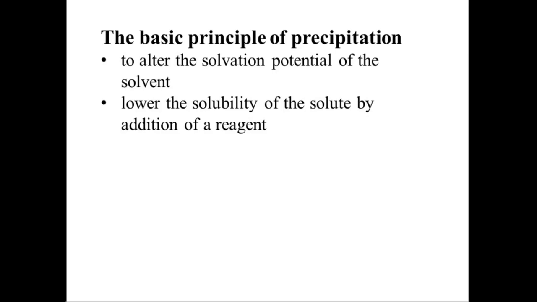The basic principle behind this precipitation is that it alters the solvation potential of the solvent, and number two, it lowers the solubility of the solute by addition of a reagent which we refer to as precipitating agent.